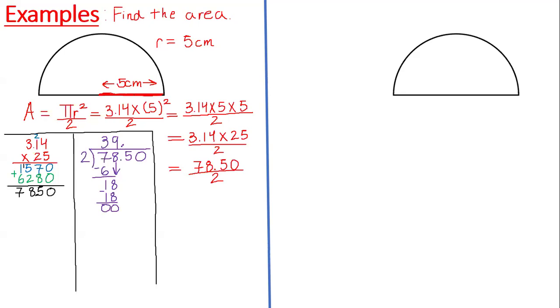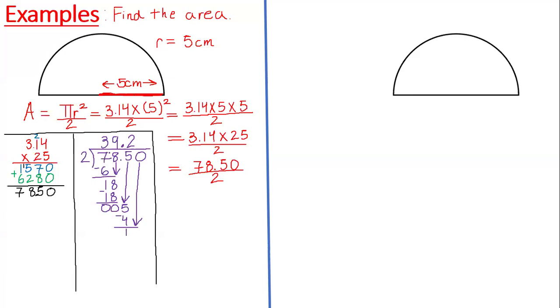Points. How many times does 2 go into 5? Twice. 2 times 2 is 4. So 5 minus 4 is 1. And we bring down the 0.